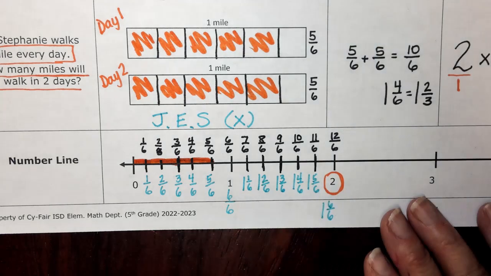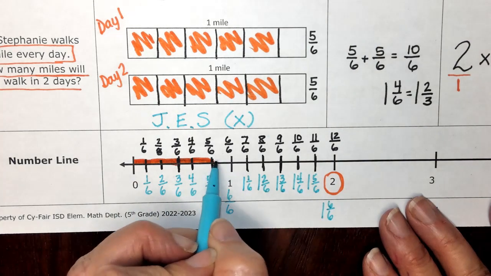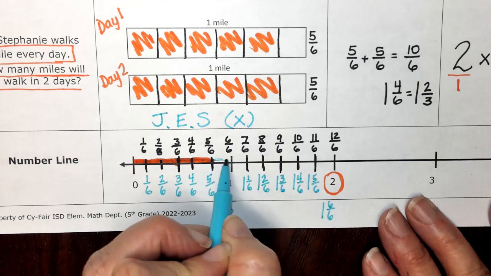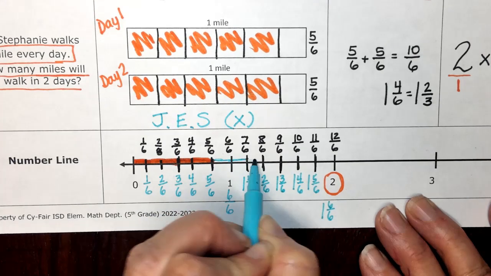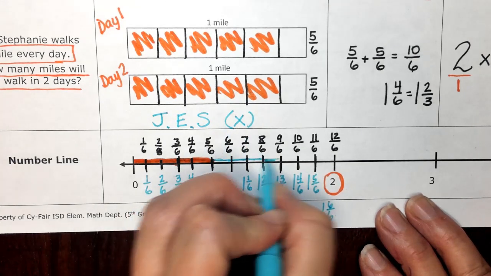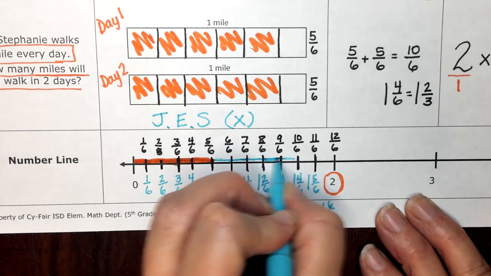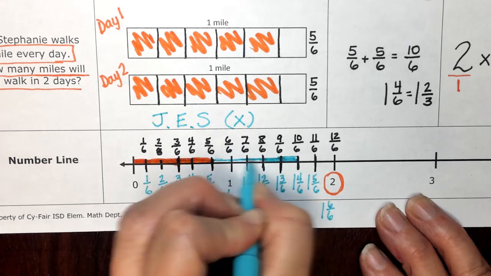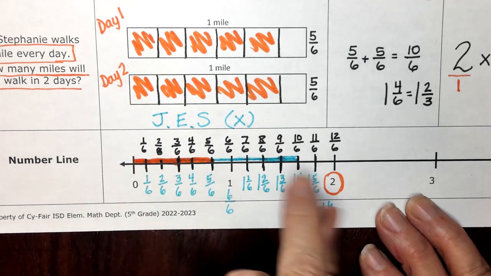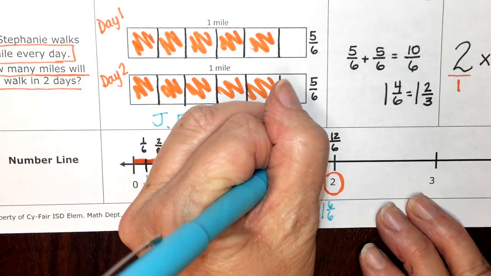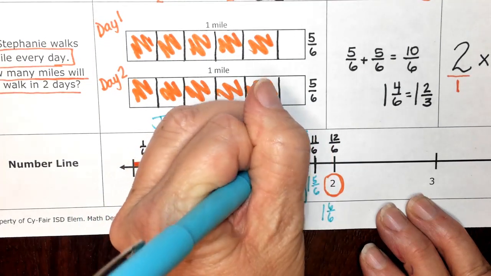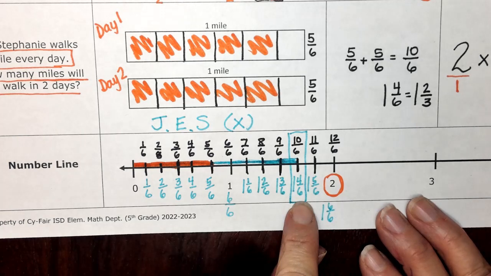Day 2 comes along and she walks 5/6 more, so I might have to do some careful counting. So there's 1/6, 2/6, 3/6, 4/6, and 5/6. And look, I ended up right at 10/6, which we know to be equivalent to 1 and 4/6.